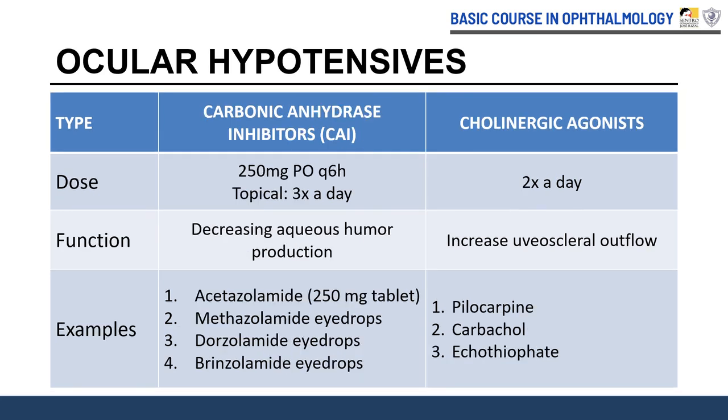Carbonic anhydrase inhibitors like dorzolamide, brinzolamide, and acetazolamide in oral or topical form decrease aqueous humor production. Cholinergic agonists like pilocarpine and carbachol increase uveoscleral outflow.